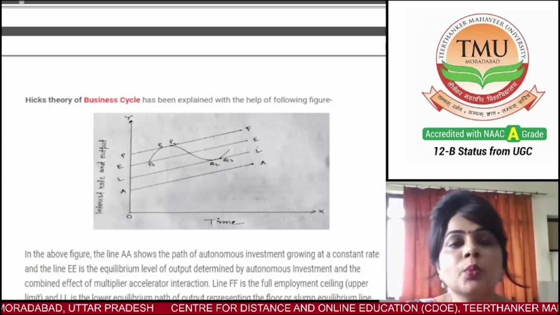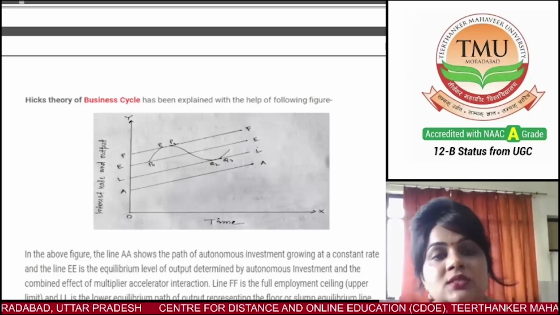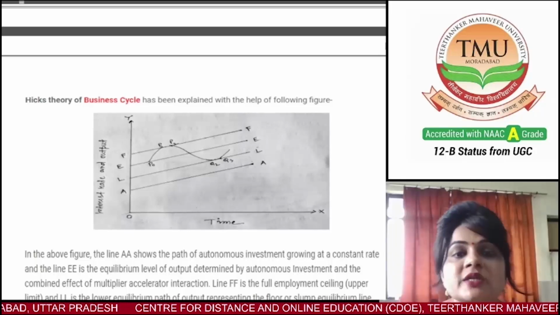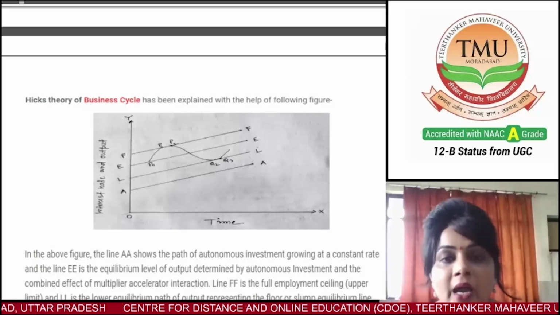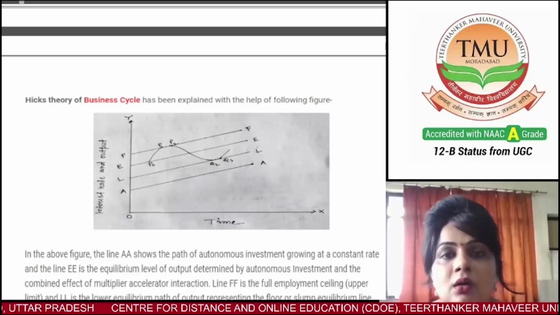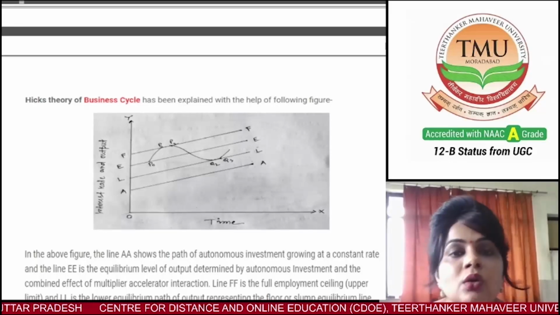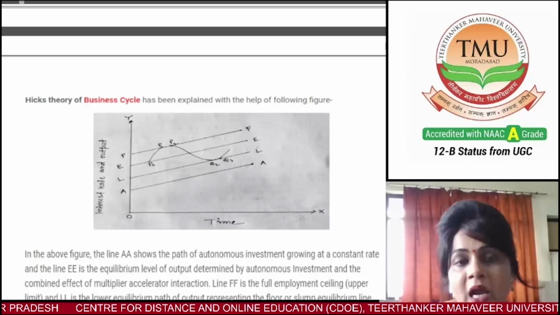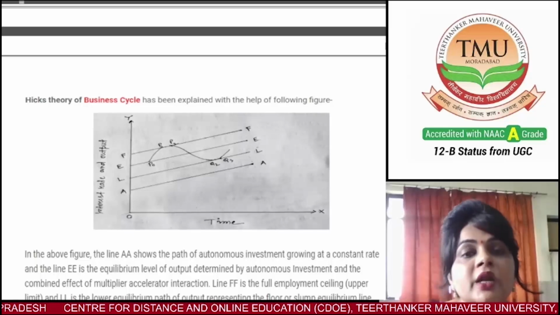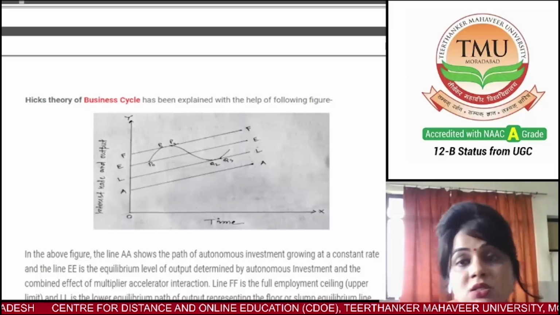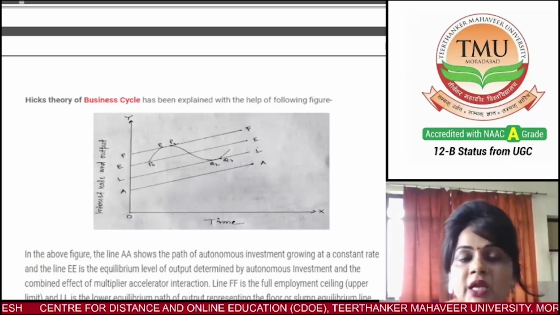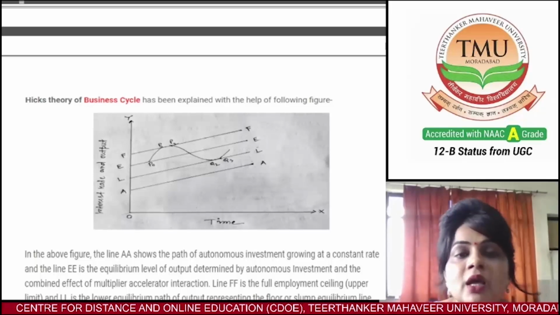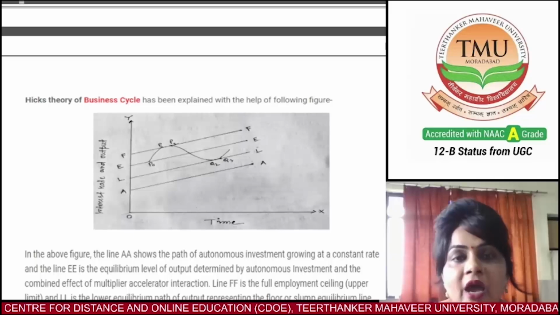Movement from P1 to P2 represents the upswing or expansion phase of the business cycle, but the expansion must stop at P2 because this is the full employment output ceiling, the limit of the human and material resources of the economy, shown by the ceiling line FF.